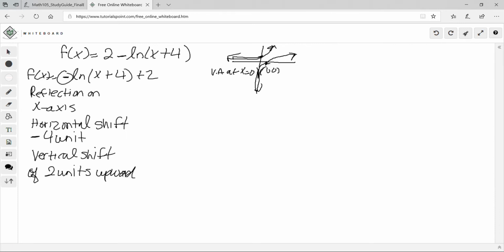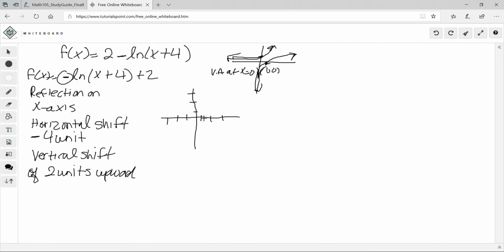So again, I'm not going to graph it all at once, we have to graph it little by little. So what I'm going to do is graph negative ln x. So remember, this is a typical regular ln x graph. It has an x-intercept of 1, 0. But since there's a negative, that means there's a reflection.